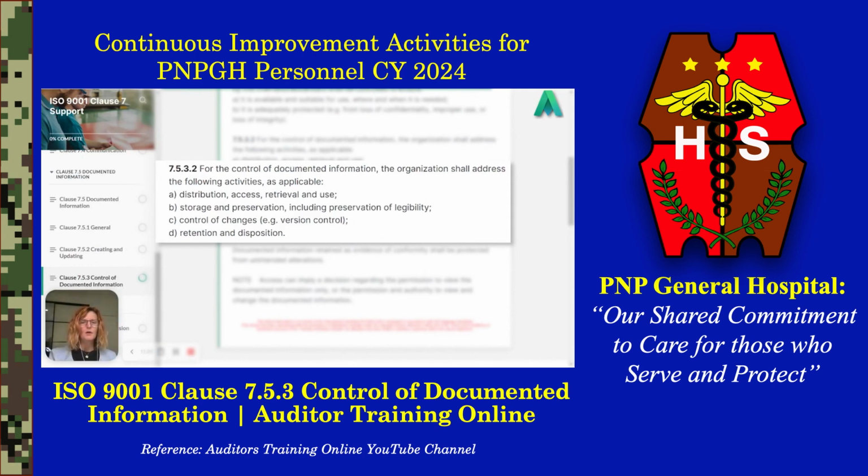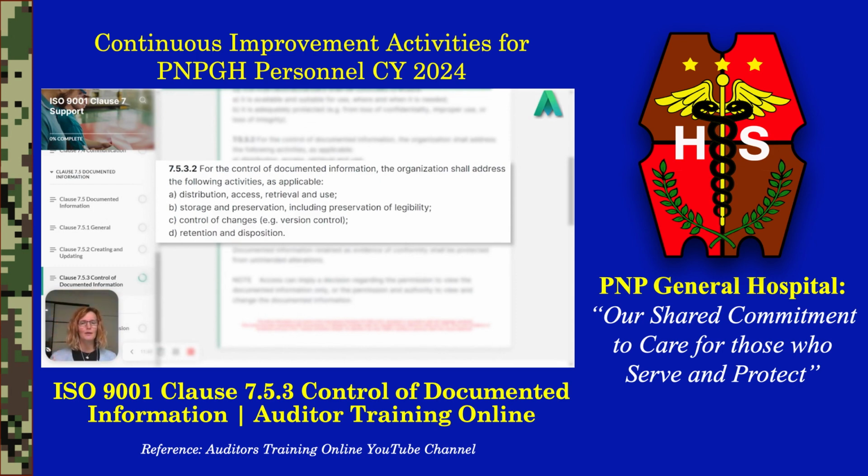Then we have D, retention and disposition. Just recapping, we're talking about the control of documented information, and we need to address the activity of retention and disposition. So how long are we retaining this documentation?